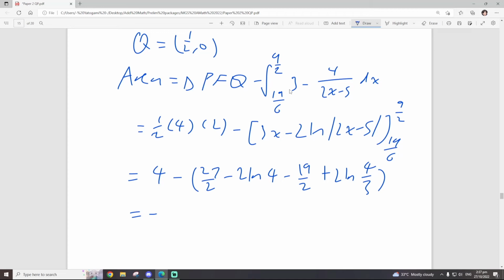And this is just going to be minus 2 ln, okay, so 4 over 3 minus 4, so there's actually 2 ln 1 over 3. So this is exactly 2 ln 3. And this is 2.20 to 3SF.